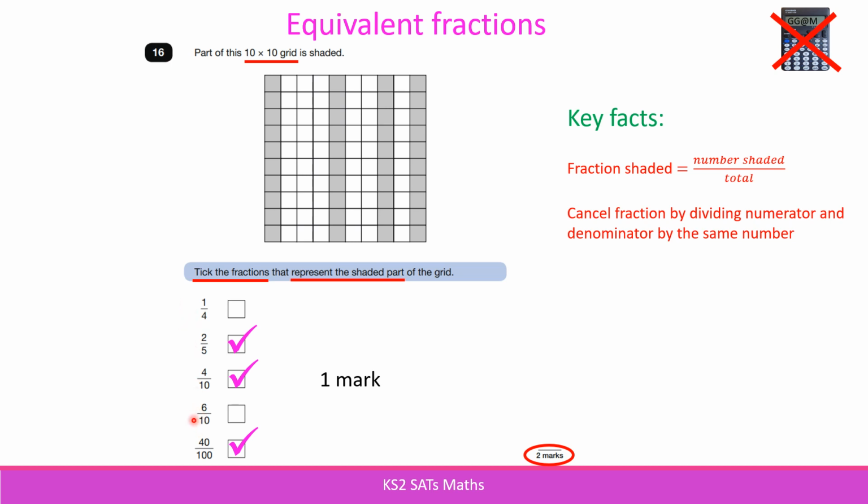And 6 over 10 can't be the same as 4 over 10, because for every 4 that is coloured out of 10, this is saying that 6 out of 10 are coloured, so these two are totally different. So you've got to identify which ones of these are correct. This first one here is fairly easy to get. Divided by 10 takes you to here, divide by 2 takes you to this one, and these are the 3 that need to be identified. Give yourself a big tick if you got those correct. Great work, well done.